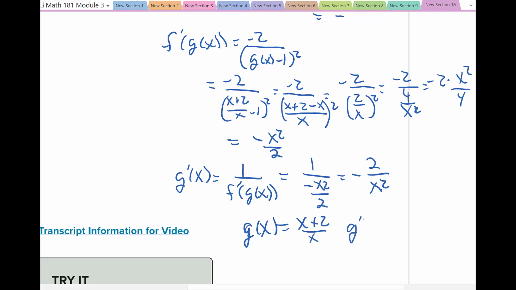And if we do g prime of x using the quotient rule, it'd be low, which is x, d high, which is 1, minus high, which is x plus 2, d low, which is 1, over x squared. So this gives us x minus x minus 2 over x squared, or negative 2 over x squared.